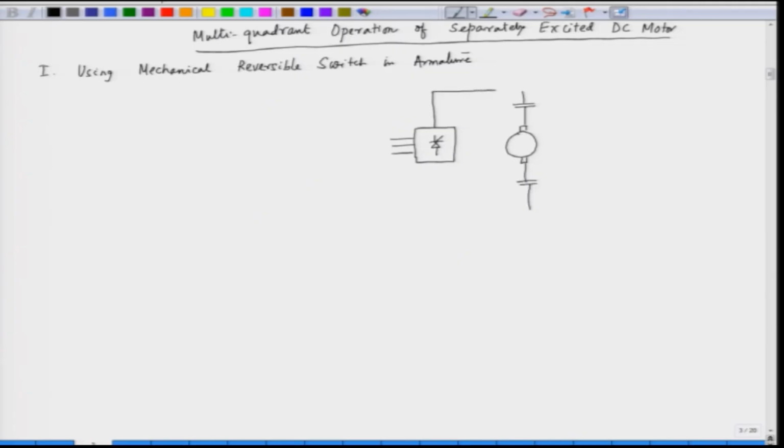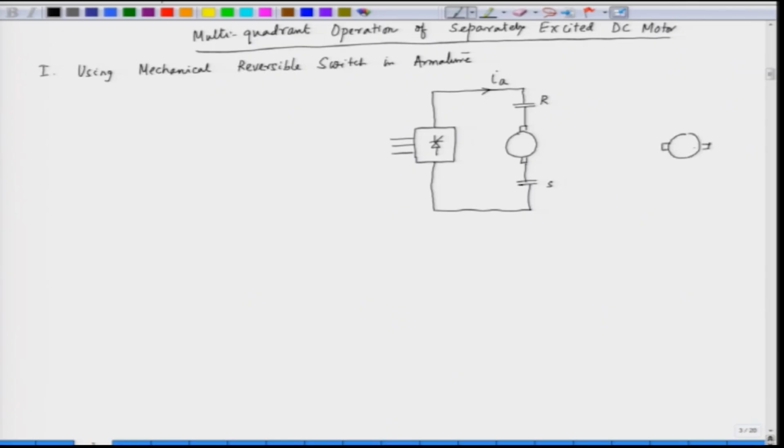So this is a converter which is feeding the armature, and these switches are represented by RS, a reversible switch. The current is flowing in this direction and we have the voltage. This reversible switch can be given in the following fashion. So this is the armature.